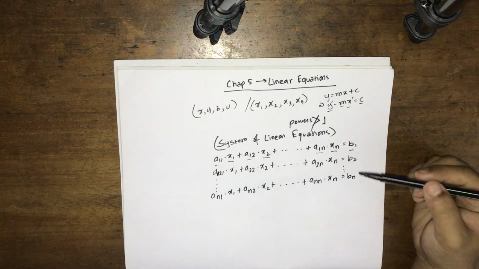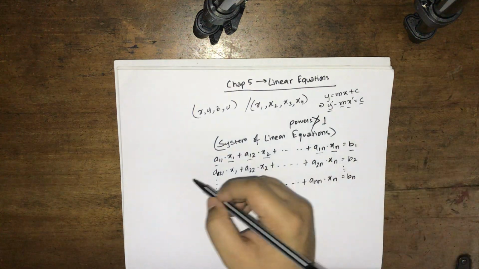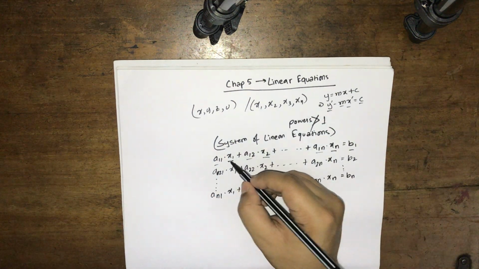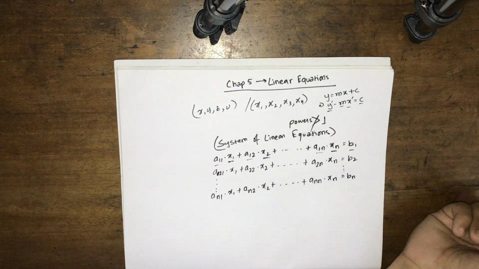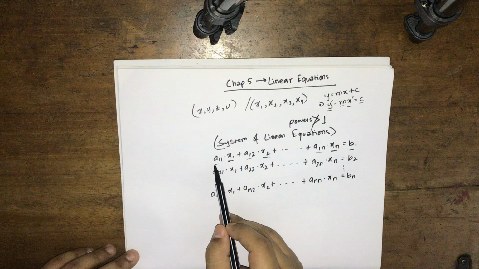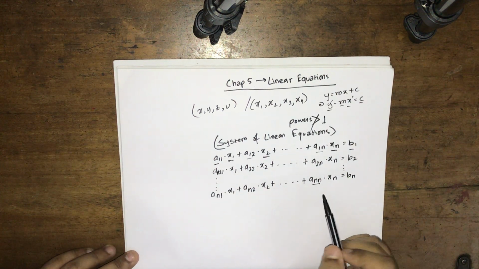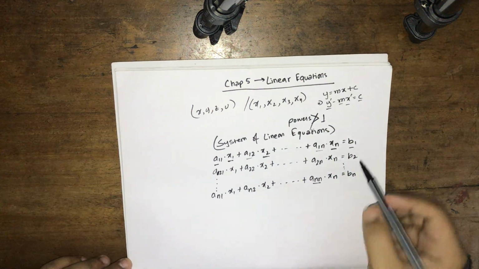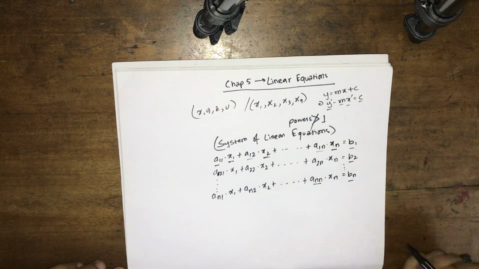So what we want to do here is solve this system of linear equations for these specific variables x1, x2 up till xn. These coefficients a11 up till ann are my constants, whereas b1, b2 up till bn are also my constants.